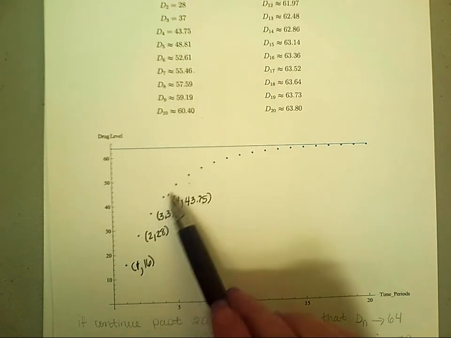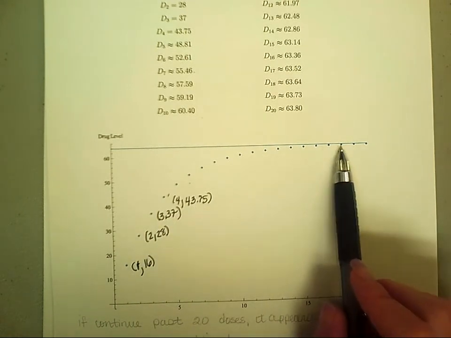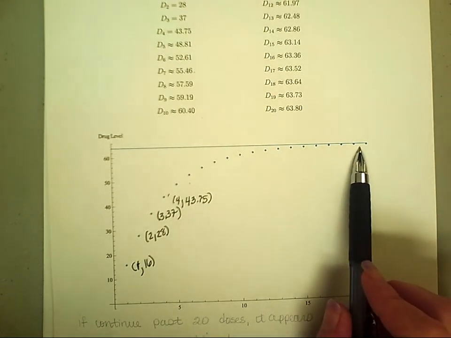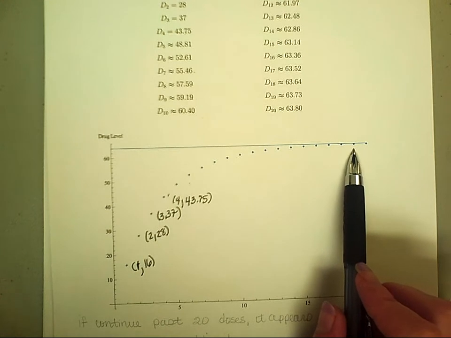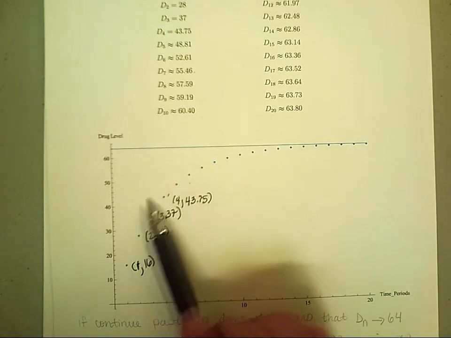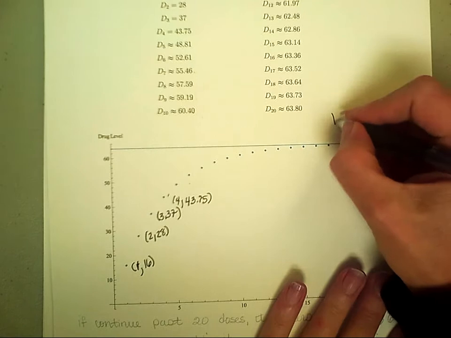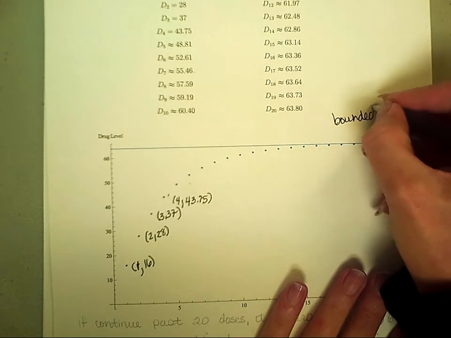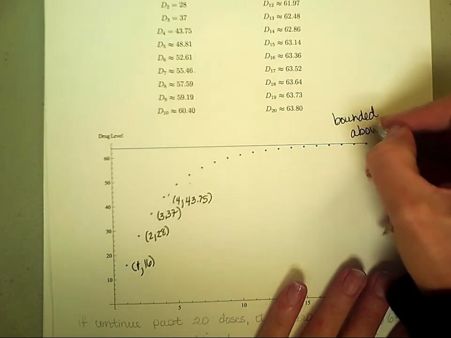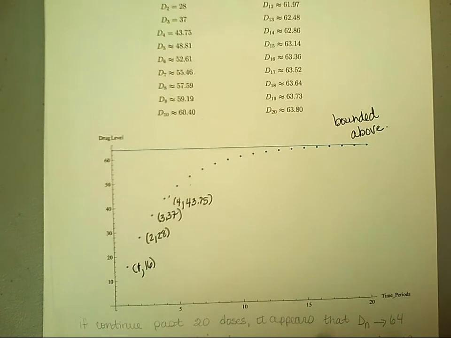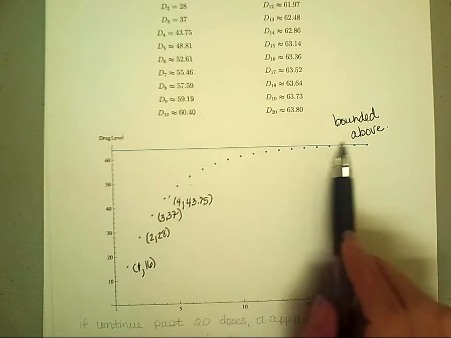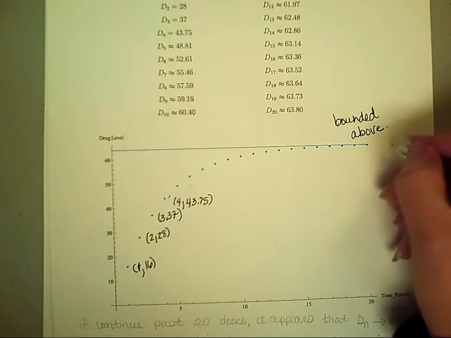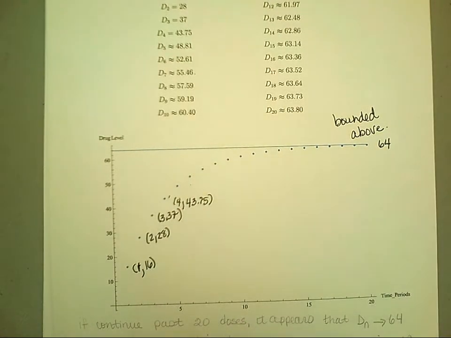And as we're doing it, we can see that they seem to be bounded. Specifically, there is a bound, and it's bounded from above. And the number we're looking at here, we can see that it's approaching 64.